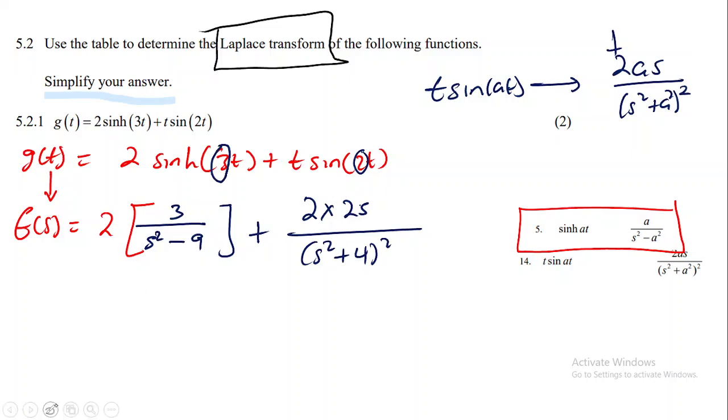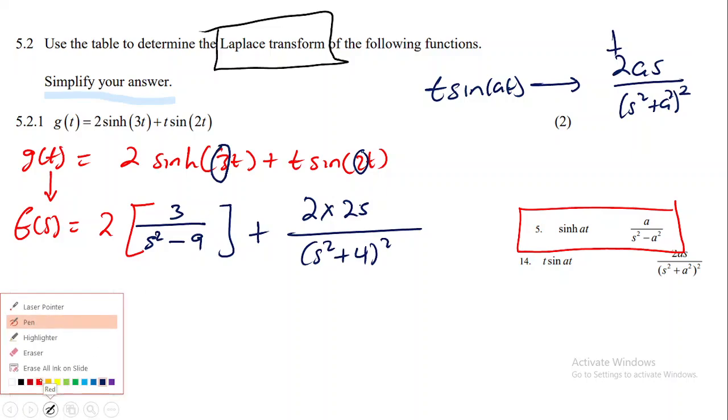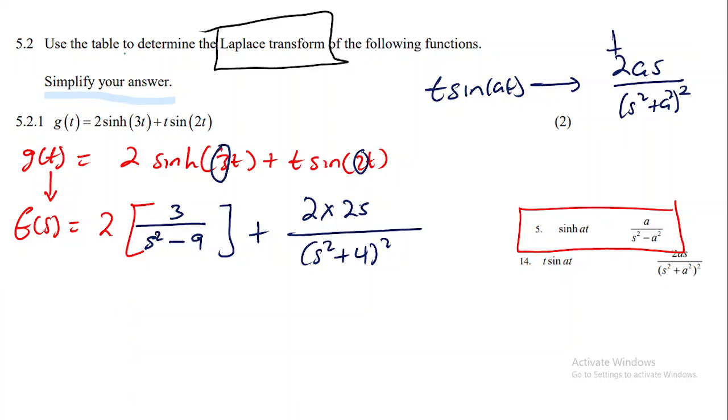From the question, we're told that we need to simplify our answer. To simplify, you're going to distribute the 2 inside and also apply your multiplication here in order to have your answer in simple form.